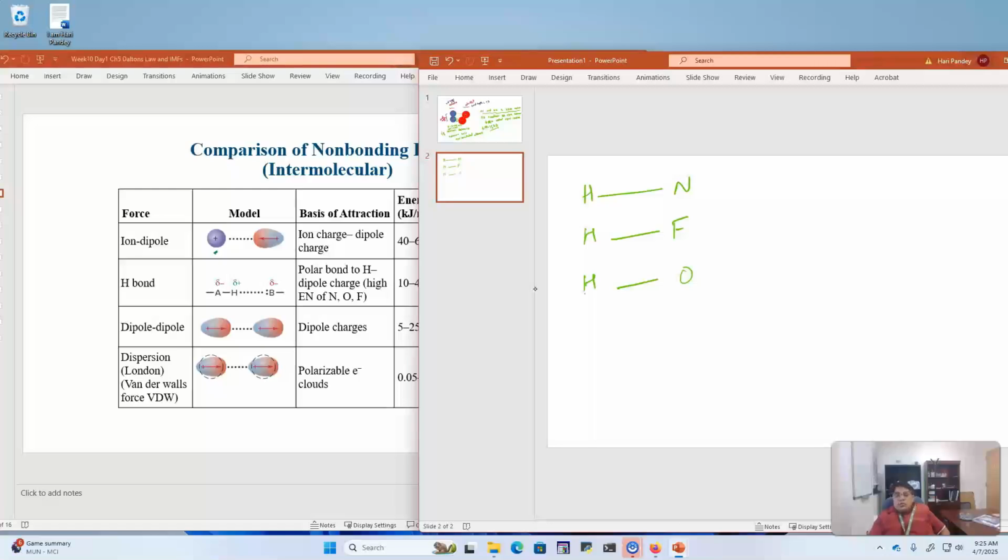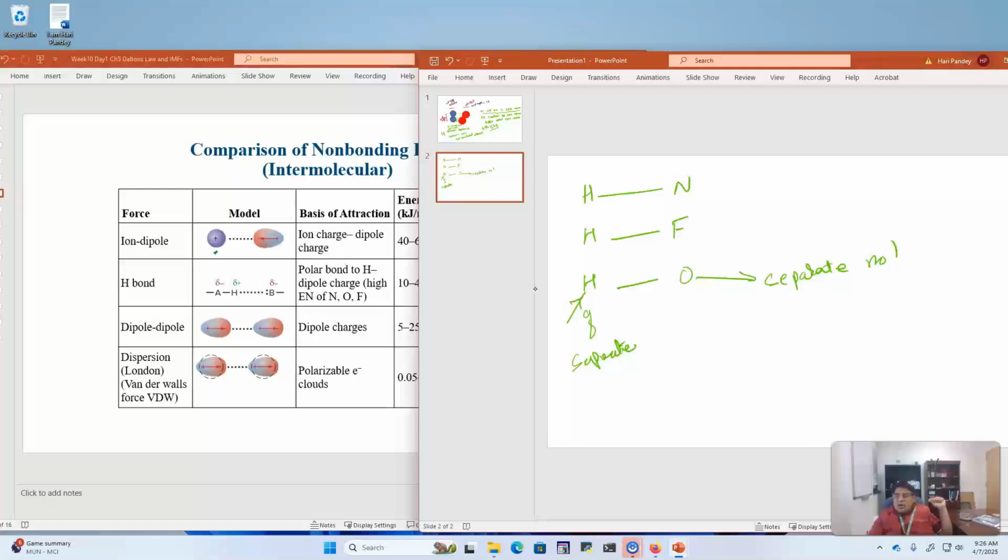It is the hydrogen of one molecule and the oxygen of a separate molecule, not within the same molecule. That hydrogen is also attached with either nitrogen, oxygen, or fluorine.